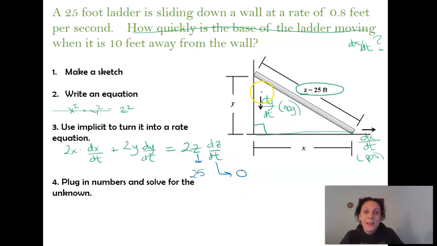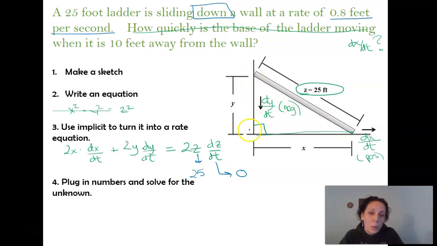Then they go on to say that it is sliding down a wall at a rate of 0.8 feet per second. Here are those units I was telling you about. Feet per second. That is screaming, I'm a related rate problem. The words down the wall, we already noted, mean it's going to be negative.